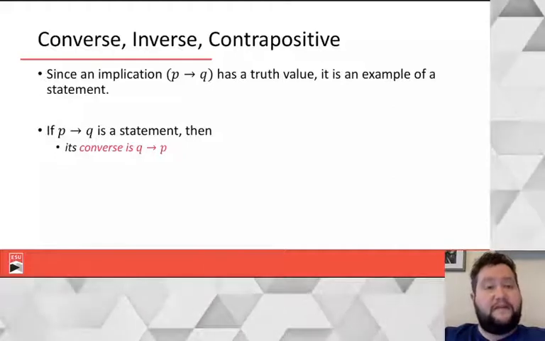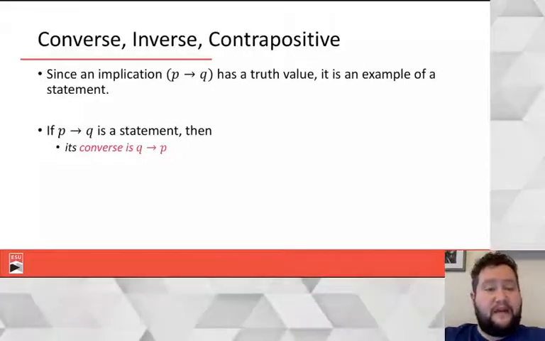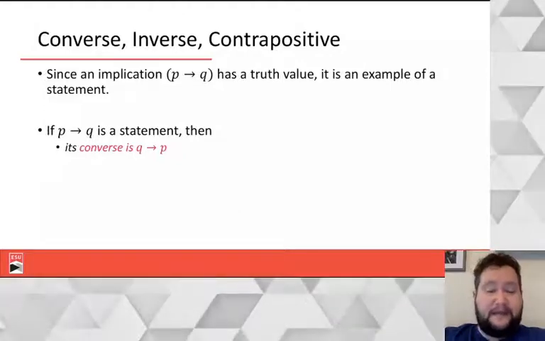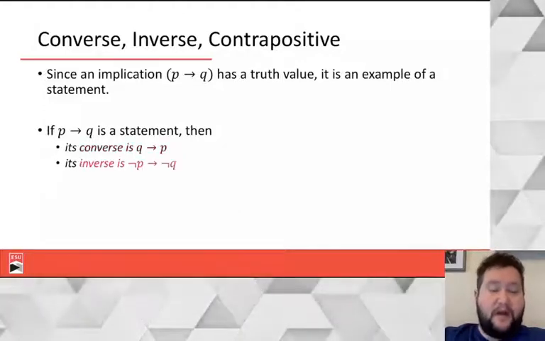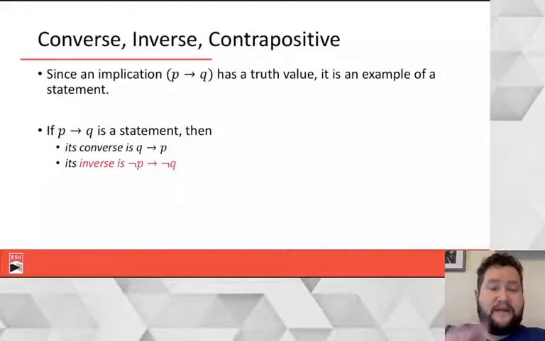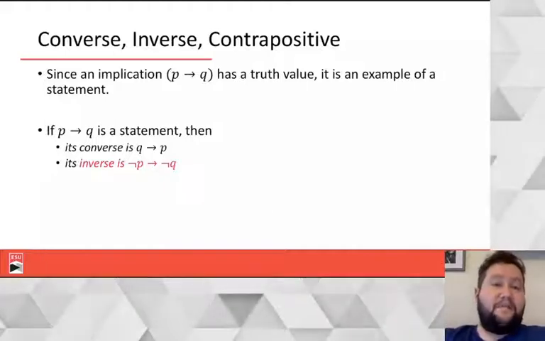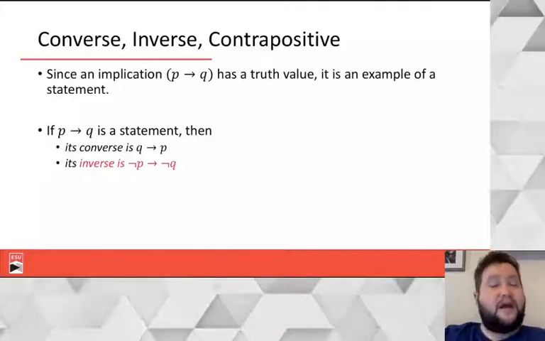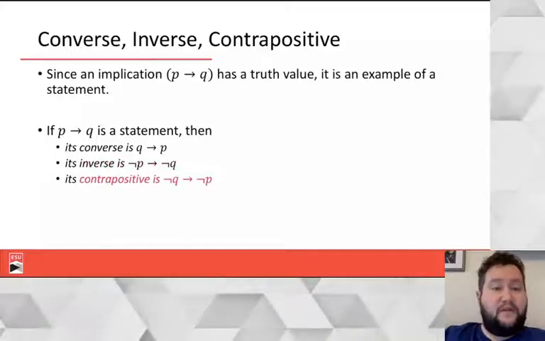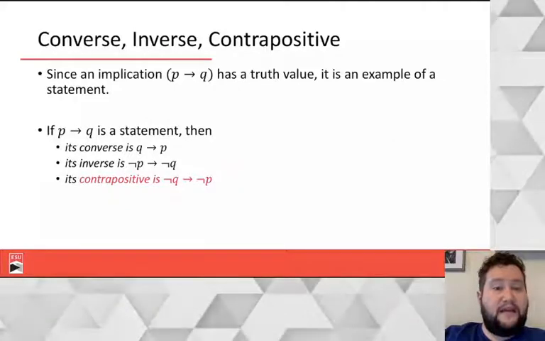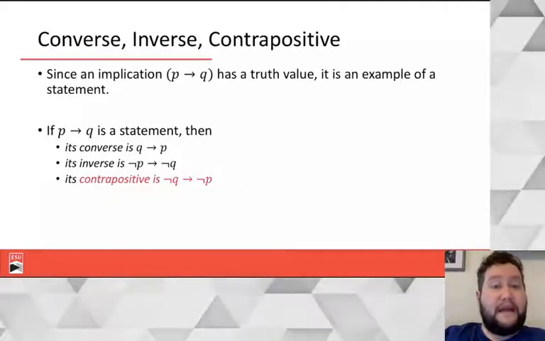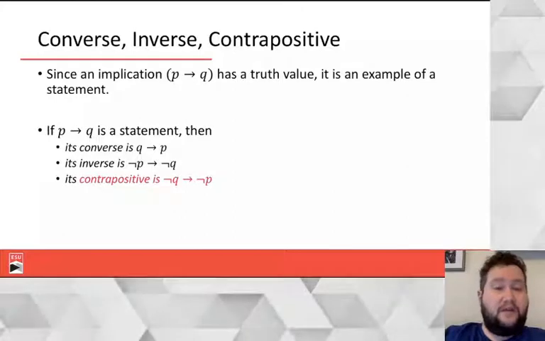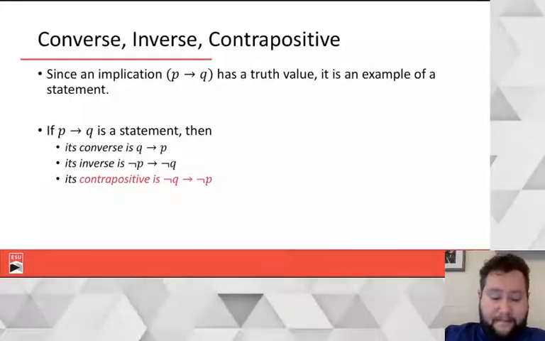If P implies Q is a statement, then we call its converse Q implies P. We call its inverse, so the negation of each of them, not P implies not Q. Its contrapositive, so not only are we flipping the order, but we're negating it: not Q implies not P.